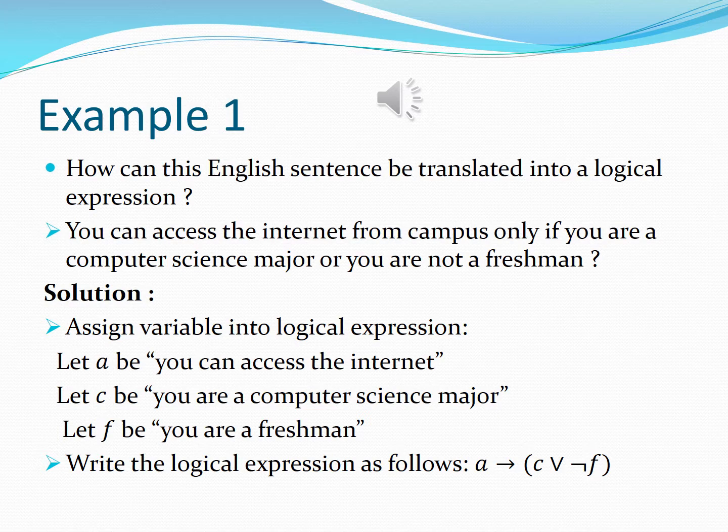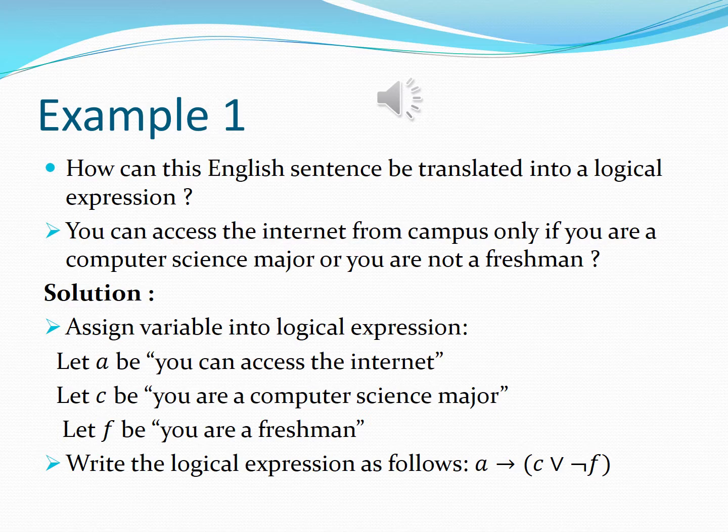The first thing is we assign different statements to different variables. So for instance, let A be you can access the internet. Also let C be you are a computer science major. Let F be you are a freshman.